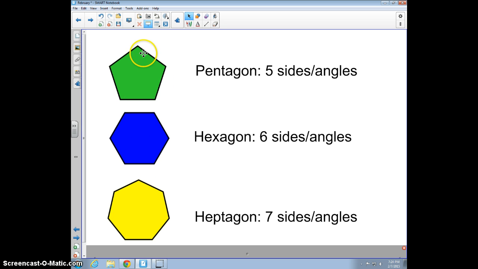So this pentagon with 5 sides and 5 angles, all 5 sides are equal length. In the hexagon, all 6 sides are equal length. That is not the case with all pentagons and all hexagons and all heptagons. It just happens the examples that we're looking at fit into that subcategory of regular pentagons, regular hexagons, because all of their sides are equal.